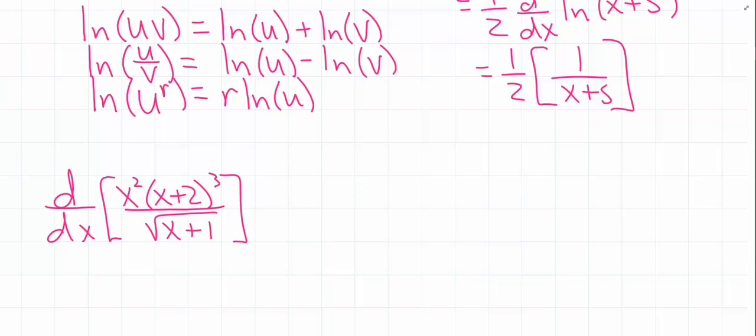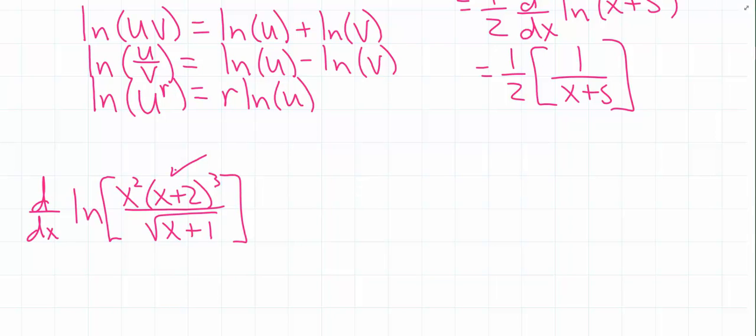That one is a little more complicated because if we don't use properties of logs, we're going to need to say, okay, 1 over this stuff times the derivative of this stuff, right? And the derivative of this stuff involves the quotient rule and the product rule. Okay, so now I left off the log there, I noticed. Okay, the log of that.